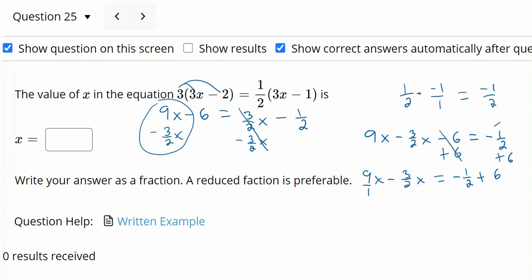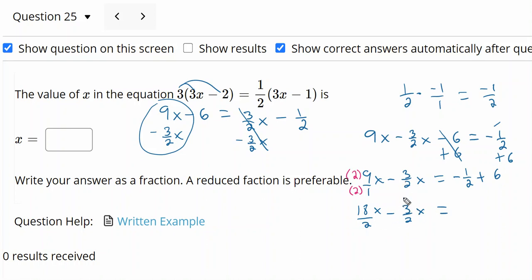So why don't we multiply the bottom by 2 and the top by 2? That would do it. So if we do that, our new expression would be 2 times 9 is 18x over 2 minus 3 over 2x. Okay? And I'm going to put equals, and then let's finish this part while we're thinking about it.